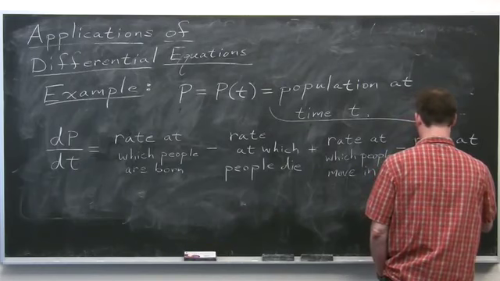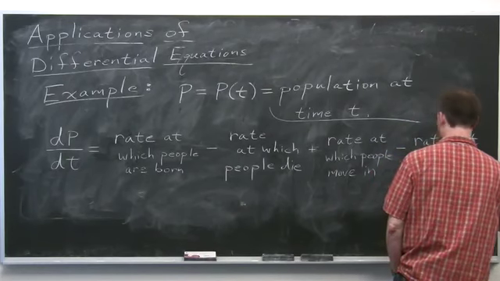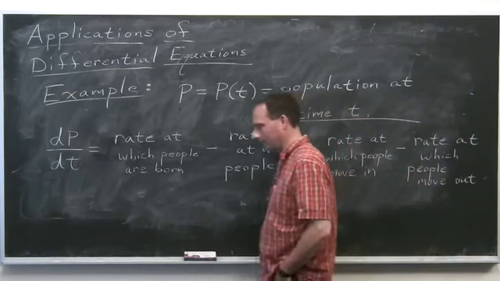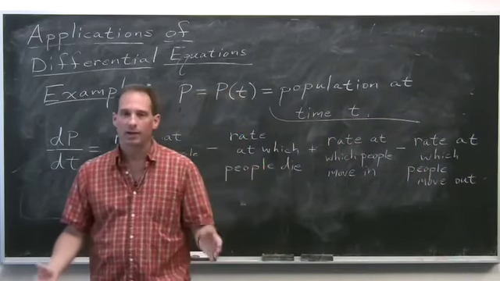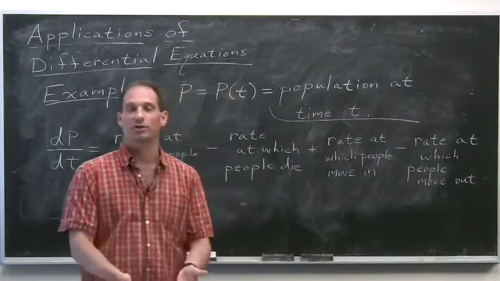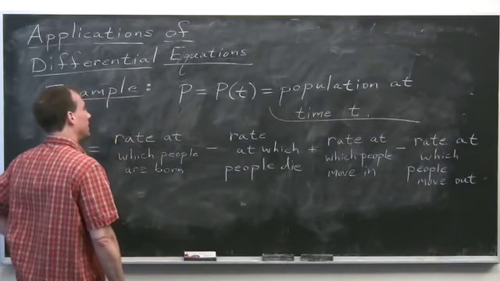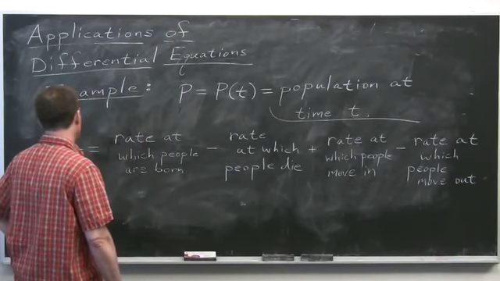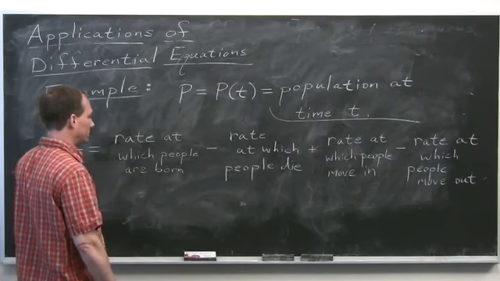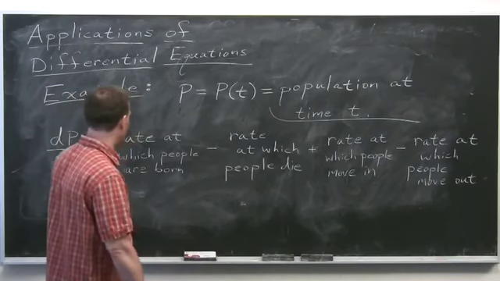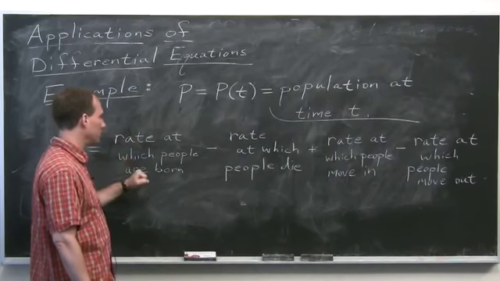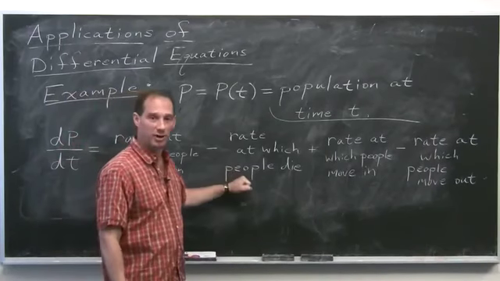If you think that wouldn't apply to bacteria in a dish, they don't move in and out, well, you could remove some bacteria or introduce new bacteria. So yes, the same sort of thing does apply. Even in that case, part of what makes these differential equations interesting is the way we typically specify birth rates and death rates.